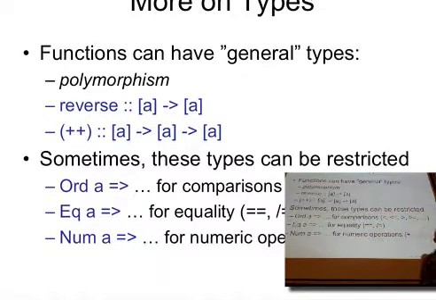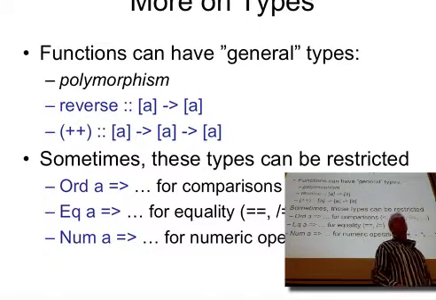Now, let's talk about types of things involving lists. Lists themselves are polymorphic. They can have more than one type. And so functions over lists very often are also polymorphic, and we'll play around with a number of these functions shortly. For example, reversing a list, it doesn't really matter what's in the list.